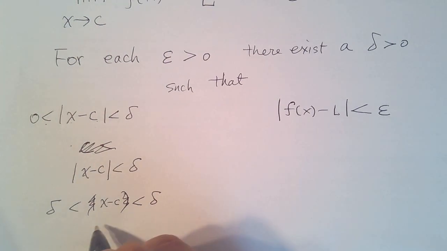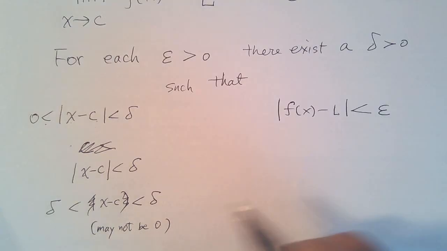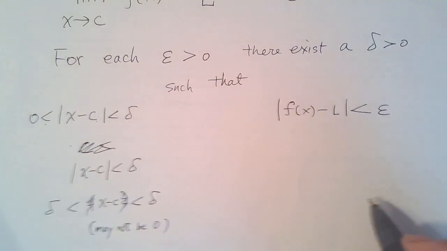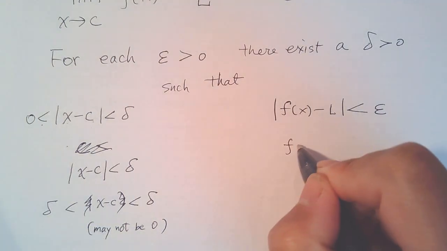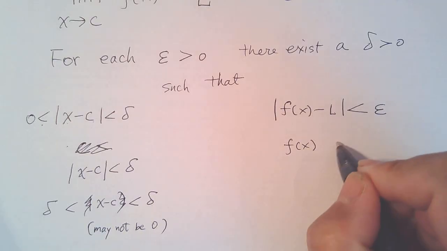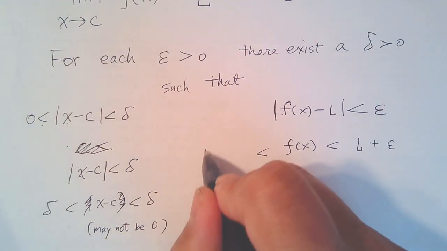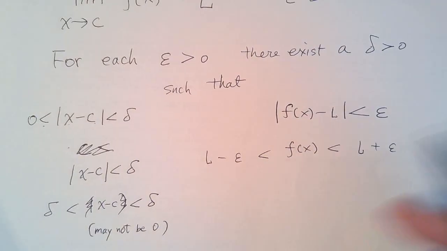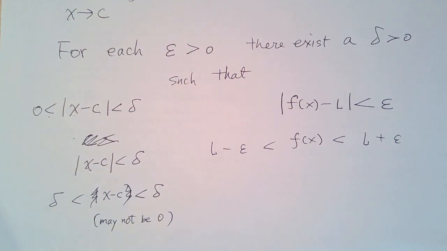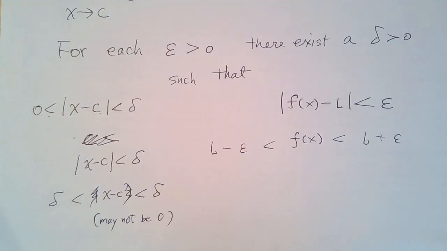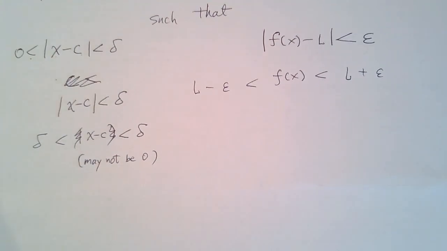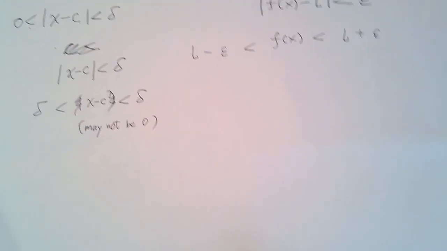It may not be 0, I don't care whether it's 0 or not, but it's between that. So f of x has got to be between L minus epsilon and L plus epsilon. That's when you change the definition from the absolute value. Okay, I know you're lost. But let me give you one example.